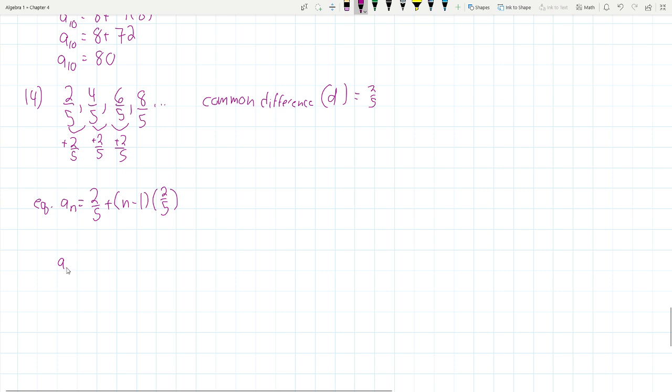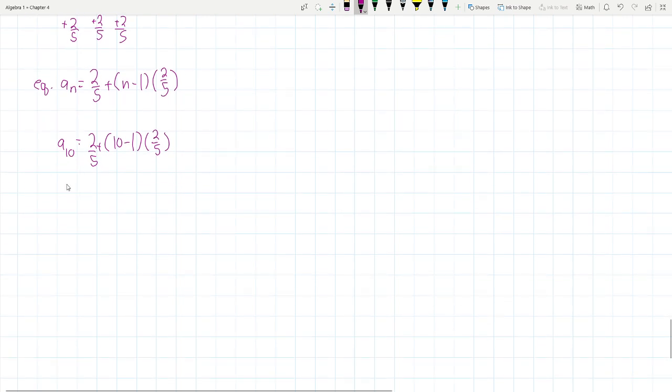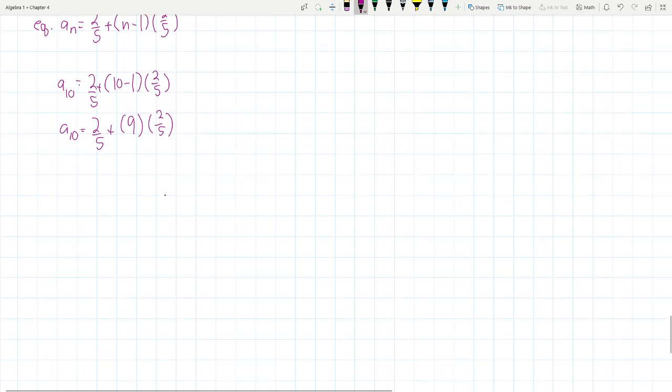If I want to find a sub 10, I go 2 over 5 plus 10 minus 1 times 2 over 5. So a sub 10 equals 2 over 5 plus 9 times 2 fifths.